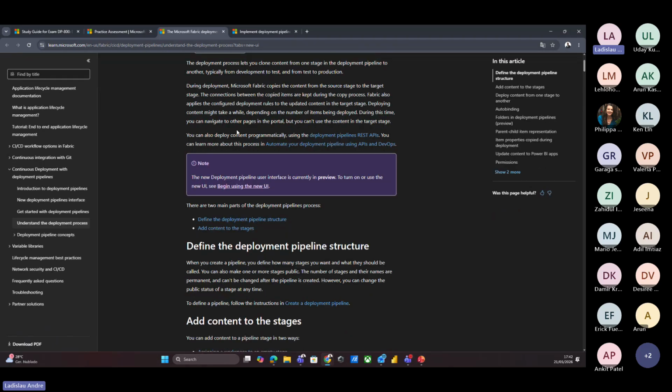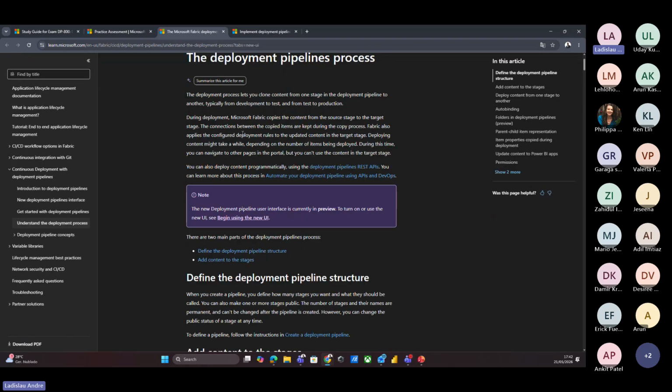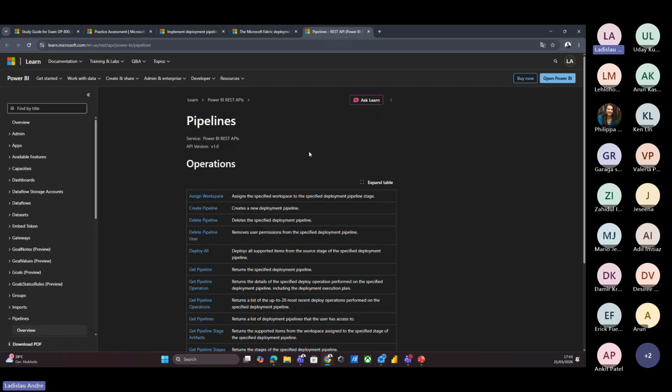Here, I'm going to read this, and a lot of times they're talking about something and they have another link. And sometimes, that's why this study is extensive, because I will click, all right, you can also deploy content programmatically using deployment pipelines REST APIs. If I don't know about this, then I'll click on this link and I have to read it too. I have to know what this is.